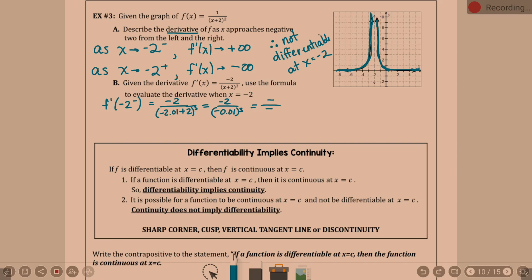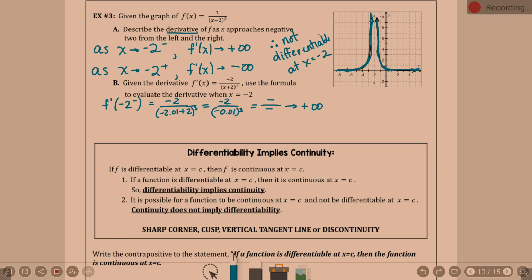What is 2 divided by that decimal? It's approaching positive infinity, because this would be 2 divided by 0.001. But 2 divided by 0.0001, you're getting a bigger and bigger number. So we're approaching positive infinity.